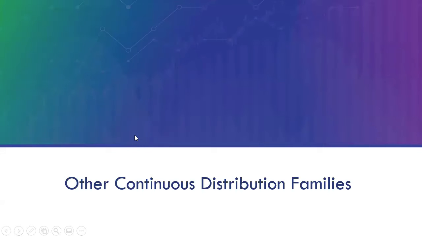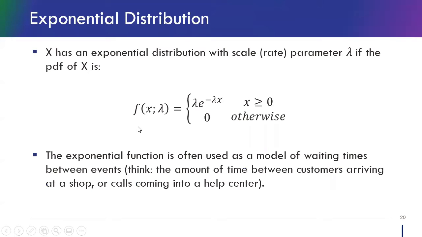We said the uniform is the simplest, and the normal distribution is the most popular one. And we have some other continuous distributions to cover, like the exponential distribution. For this distribution family, the parameter is called a scale parameter, which is lambda, and the PDF looks like this.